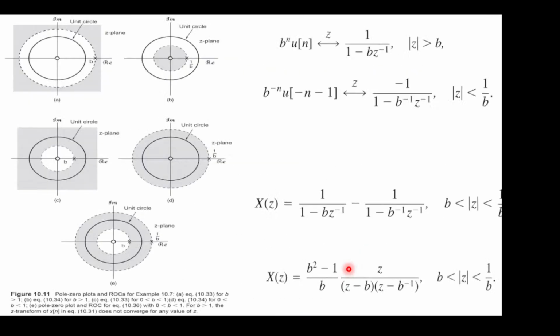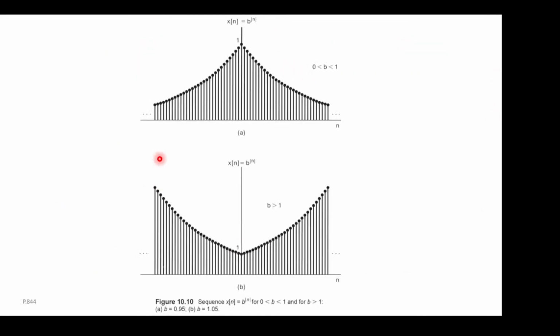Then we think about their intersection. It's easier to see in the picture. If b is bigger than 1, then the ROC of z bigger than b looks like this, and the ROC of z less than 1/b looks like this. You see there is no intersection. That confirms our expectation that this really weird function doesn't have a z transform anywhere.